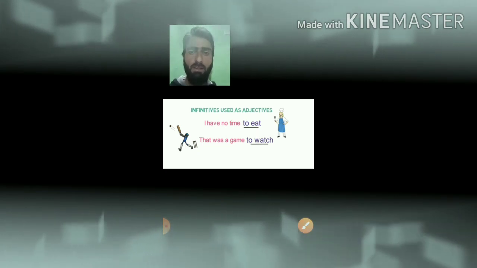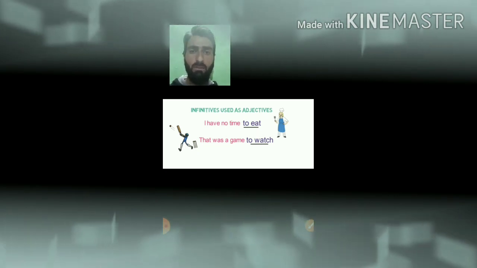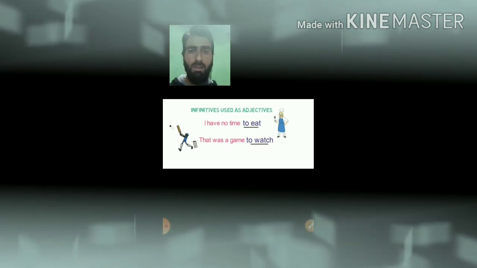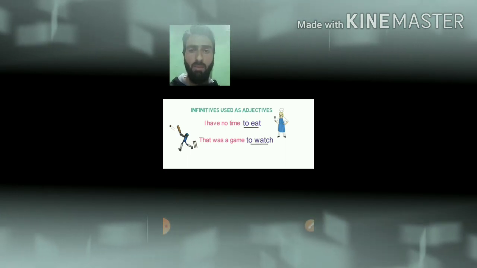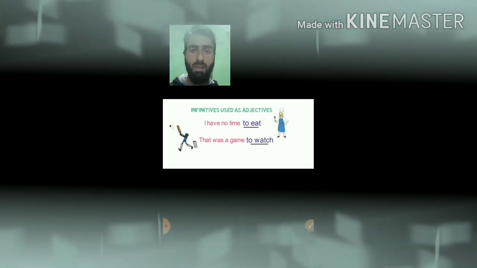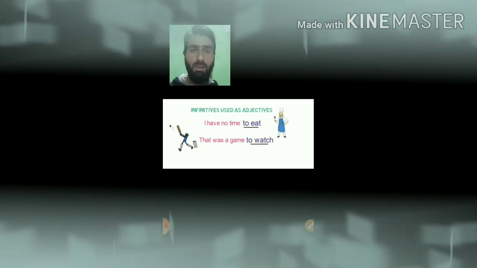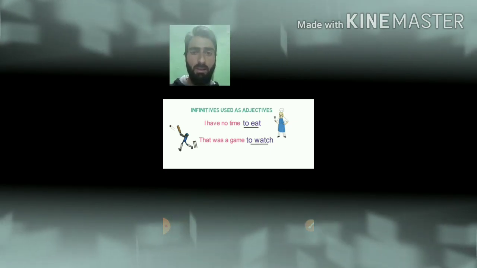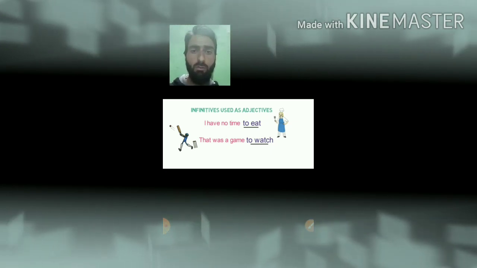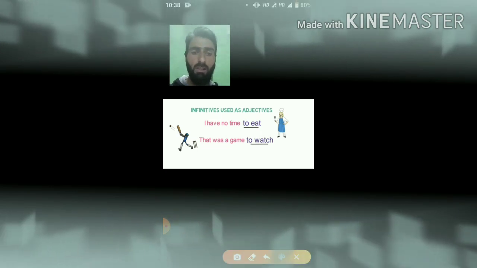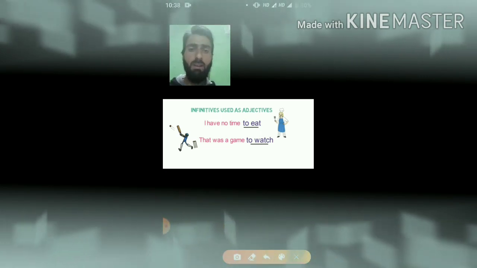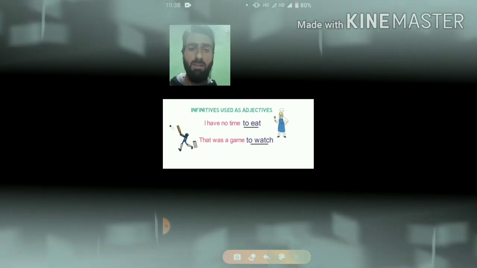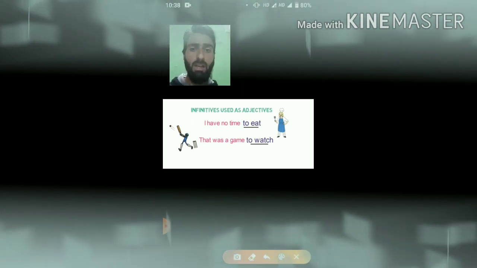And now let's see one more category of the non-finite verb, that is infinitives. As I earlier told you, infinitives can be used as adjectives, as nouns, as well as adverbs in the sentence. Here we see how infinitives are used as adjectives. In the first sentence, I have no time to eat, any word which tells us about the noun, we call that adjective.